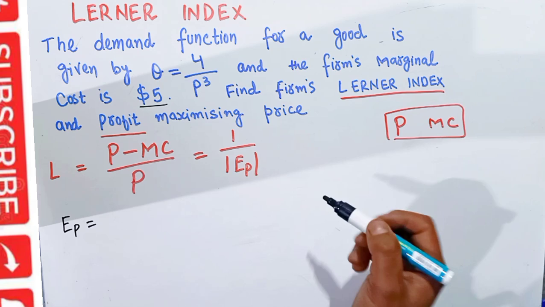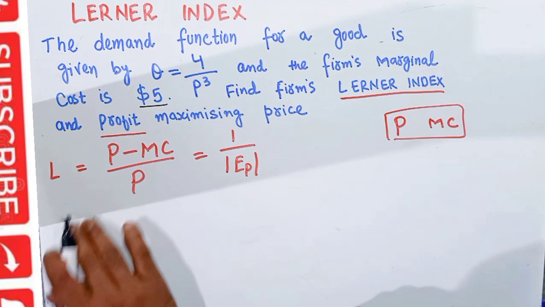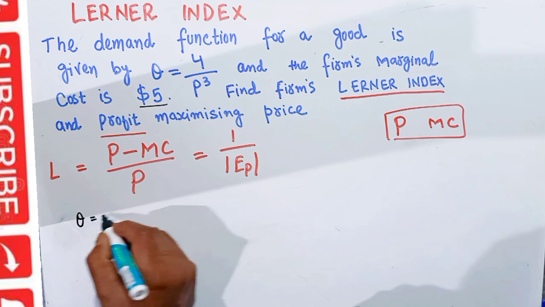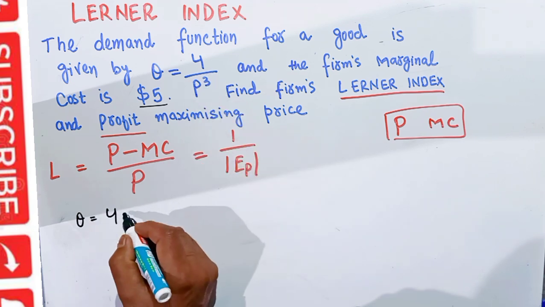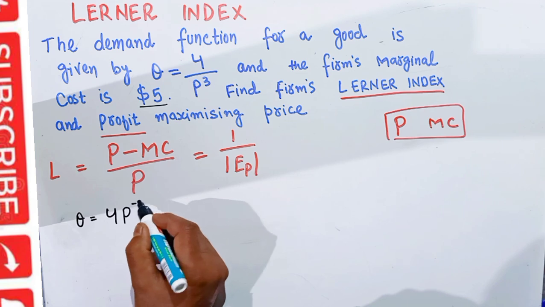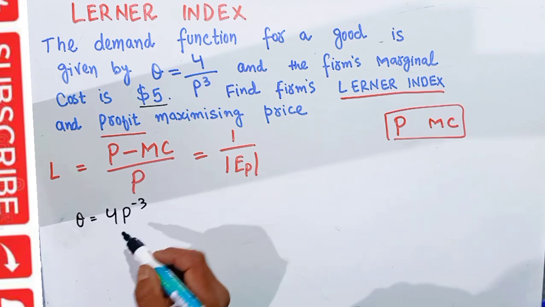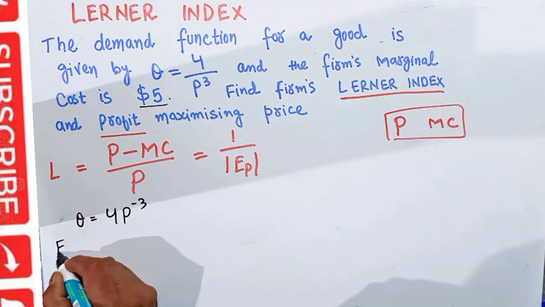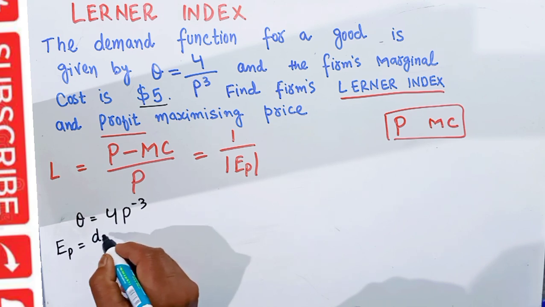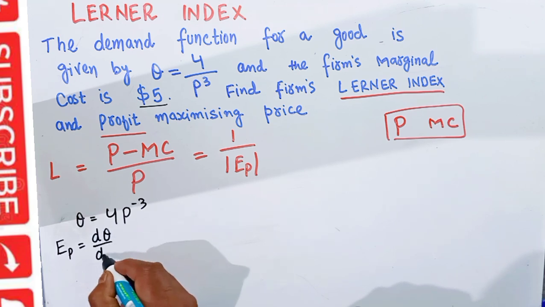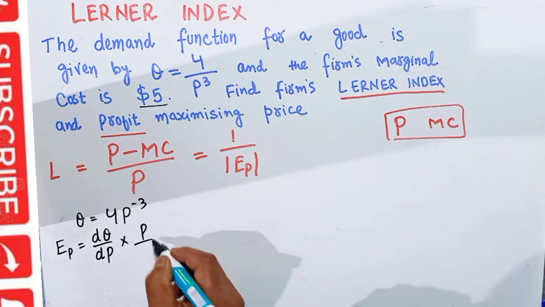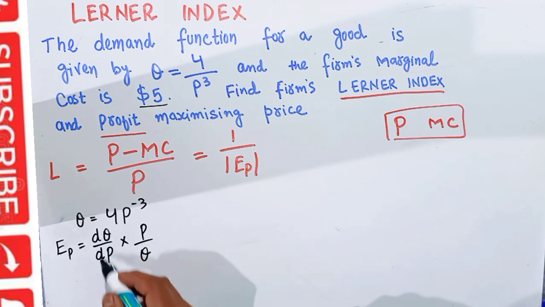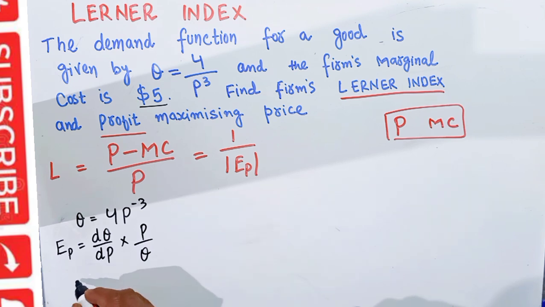We have this demand function, and let me first write it: Q is equal to 4 upon P cube. I can write it in this fashion, 4 P to the power minus 3. If I transpose this to the numerator, the exponent sign will change. Now to calculate the elasticity of demand, we know the formula is the change in the quantity demanded due to the change in price, upon quantity demanded. So first we need to calculate dQ upon dP. dQ upon dP means we take the derivative of the given demand function with respect to price.